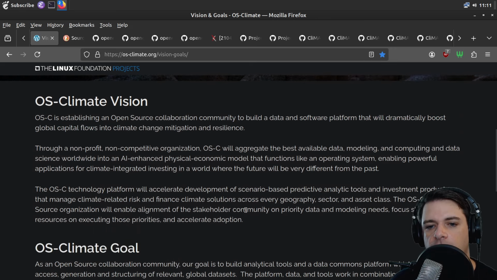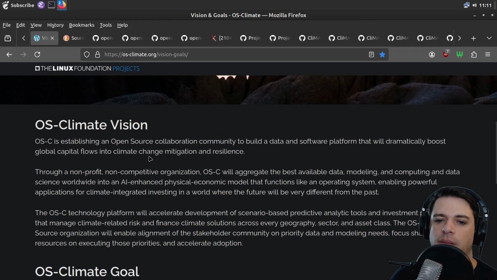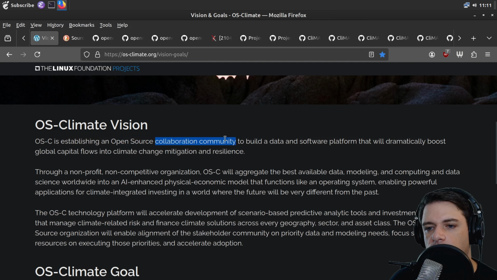I'll add this to Wallabag. This tells us a little bit, right? They want to build a community. It's based around open source, and they want global capital flows into not just any climate change stuff, but specifically mitigation and resilience, through a nonprofit, non-competitive organization. Okay.